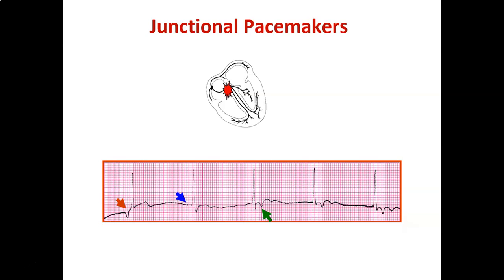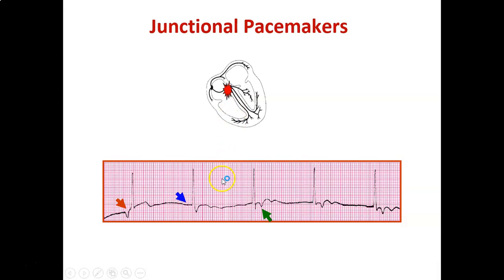So if you see an inverted P wave before or after the QRS complexes, or not at all, just keep in mind that these abnormal inverted P waves or absent P wave, the source is the AV junction, and it depends upon the level of the ectopic focus.